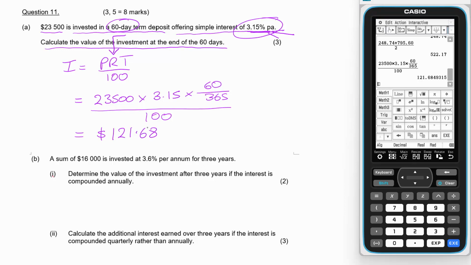Of course, if you've got an e-activity, you can do that using the e-activity as well.